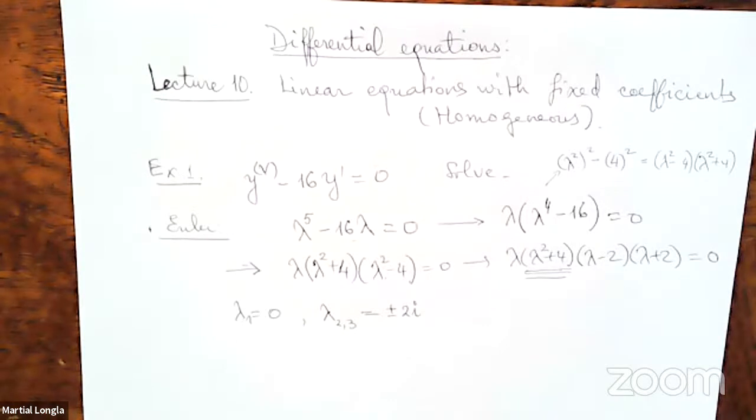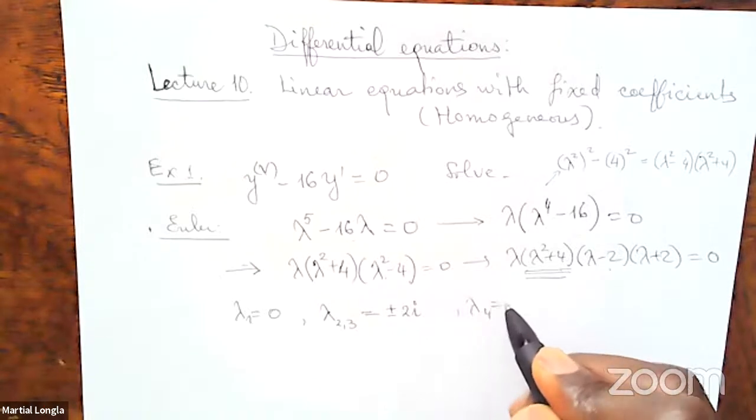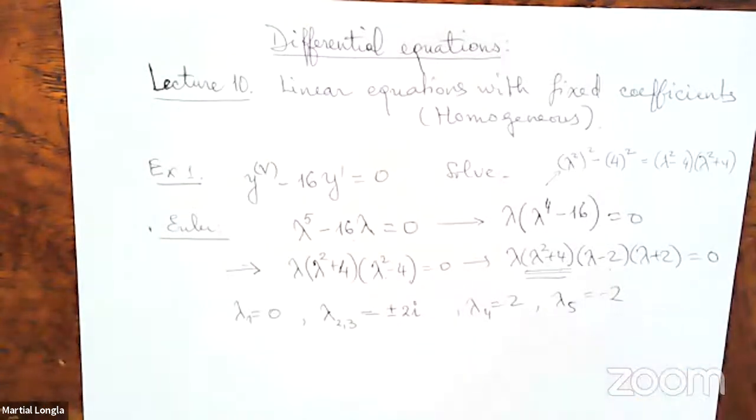That's why I get plus minus the square root of negative 4, and that is 2i, for the square root of negative 1. And this one is going to give you lambda 4 equal 2, and then lambda 5 equal minus 2. And you can see that we got 5 roots.